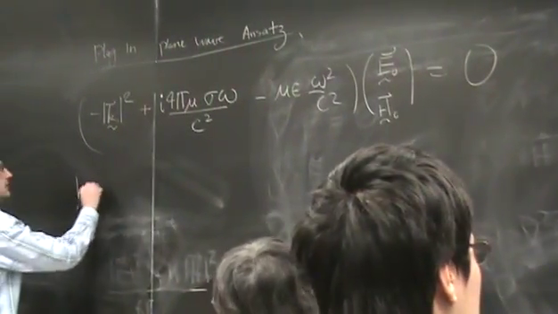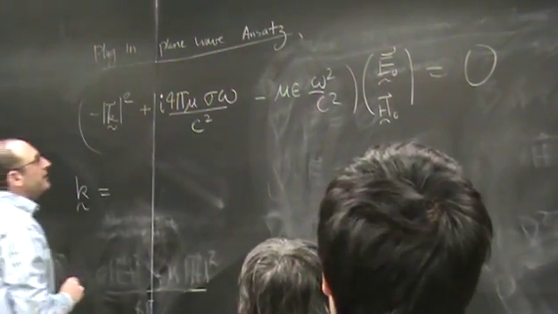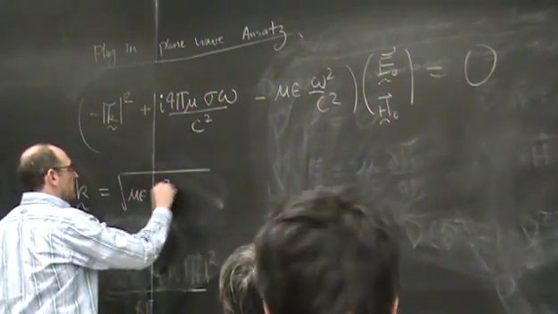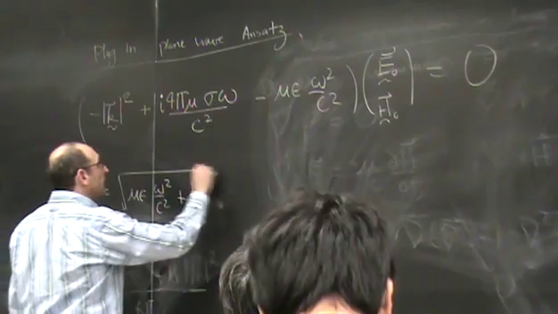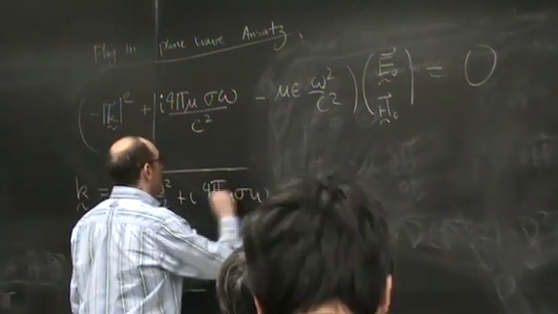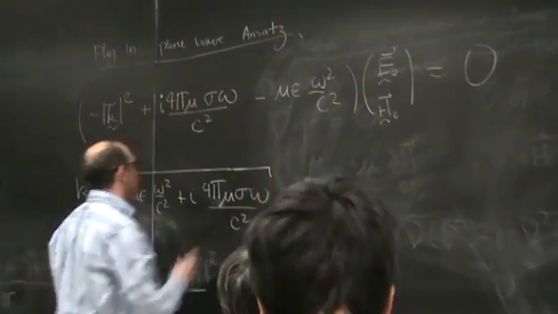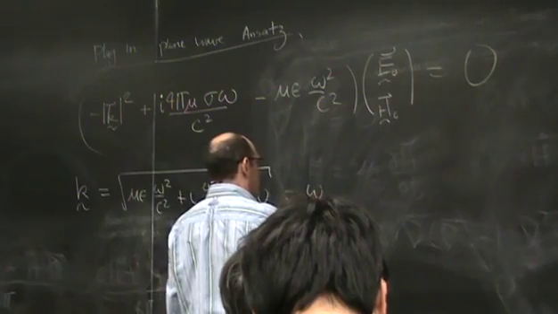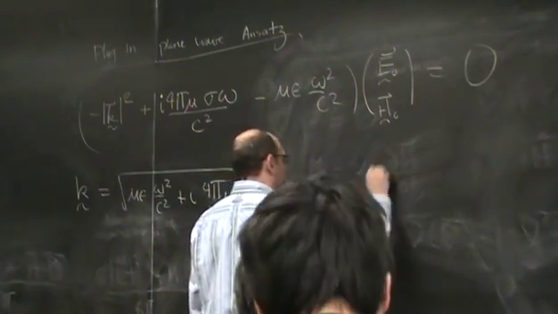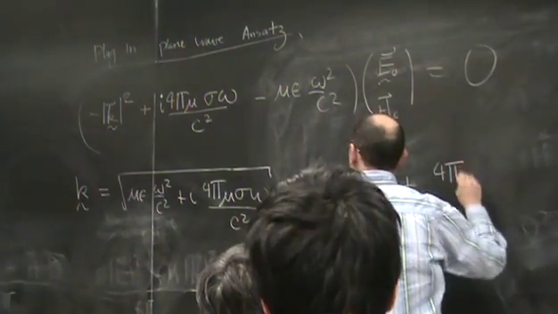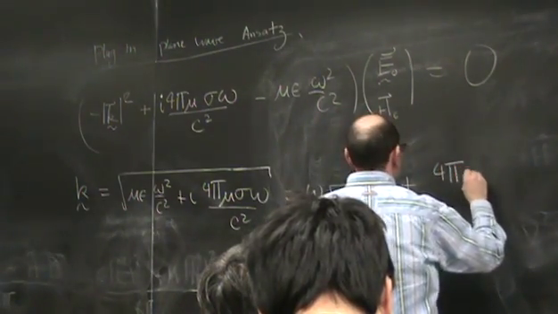Particularly the magnitude of k, solving for this, is the square root of mu epsilon omega squared over c squared times 1 plus i 4 pi sigma over epsilon omega.